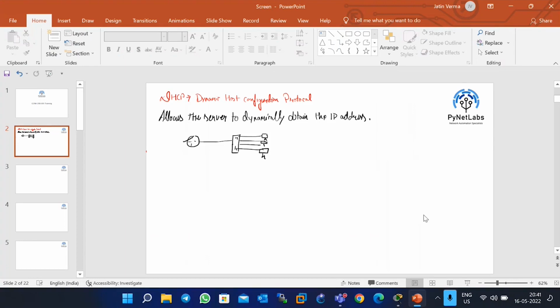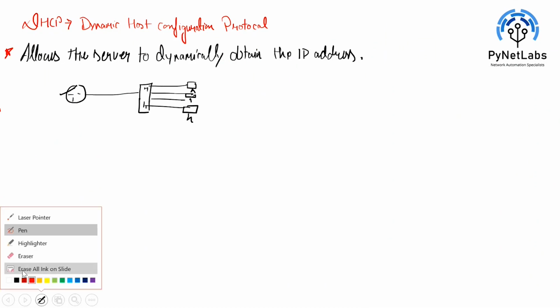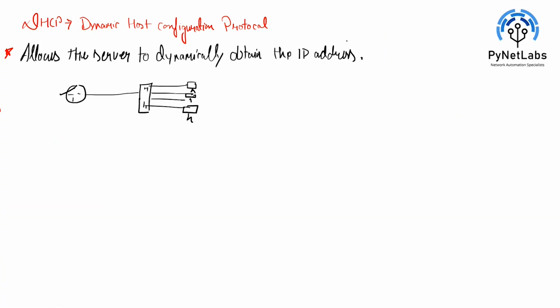Any queries still here? Now see how we will be doing this DHCP. As I have written here, it allows the server to dynamically obtain the IP address, or we can say provide the IP address to the clients. Along with the IP address, DHCP also provides the IP subnet mask.